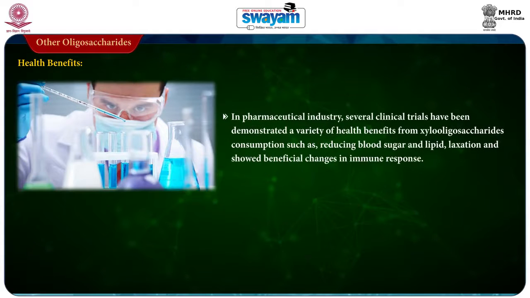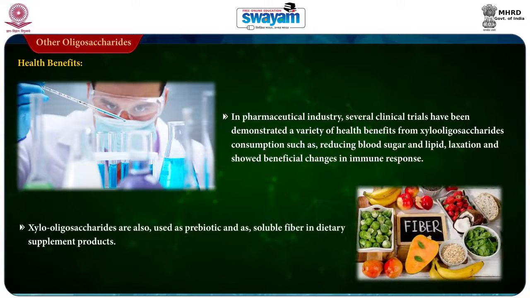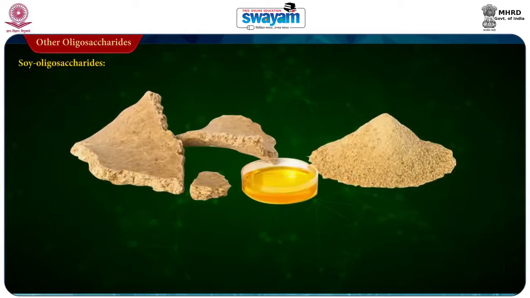In the pharmaceutical industry, several clinical trials have demonstrated a variety of health benefits from xylo-oligosaccharide consumption such as reducing blood sugar and lipids, improving laxation and showing beneficial changes in immune response. Xylo-oligosaccharides are also used as prebiotic and insoluble fiber in dietary supplements.